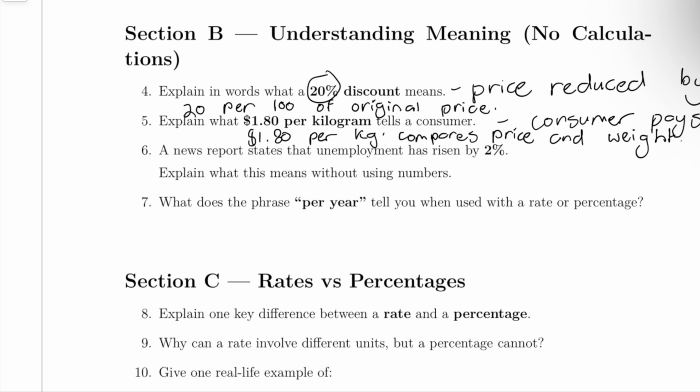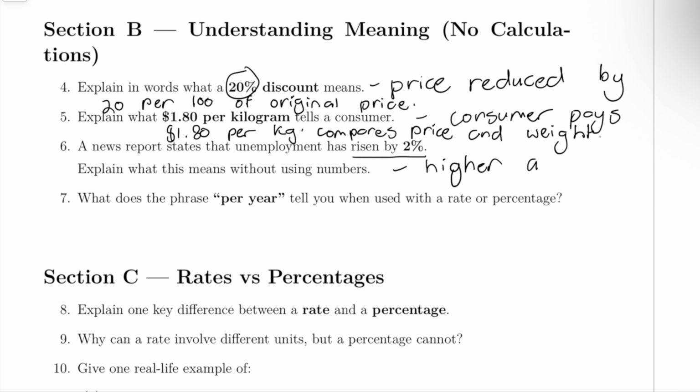So risen means increased, so that means that there's a higher amount of unemployment than before, basically.